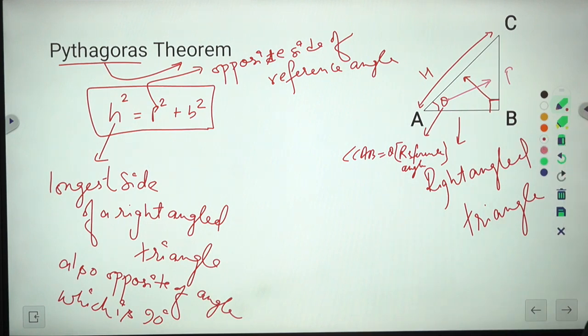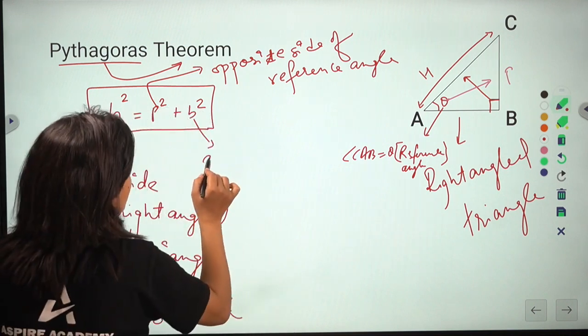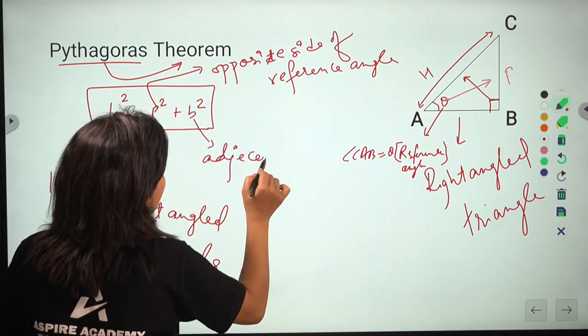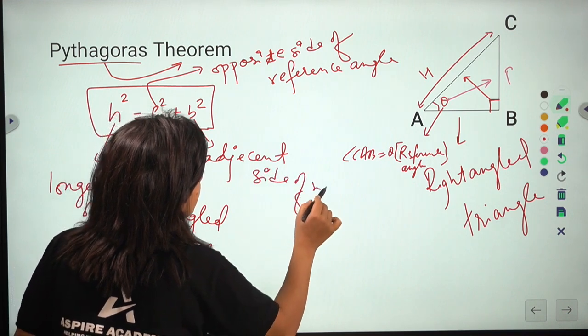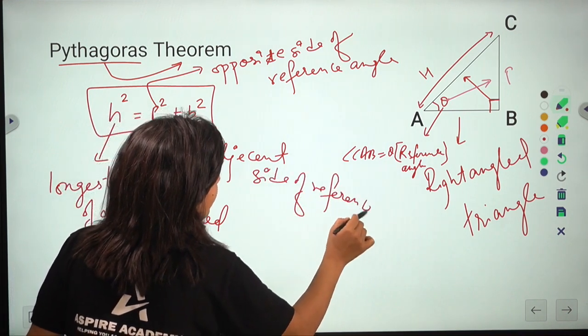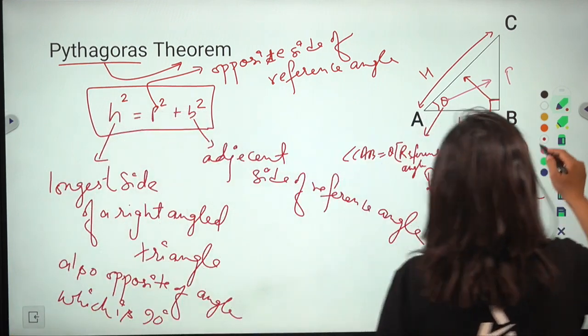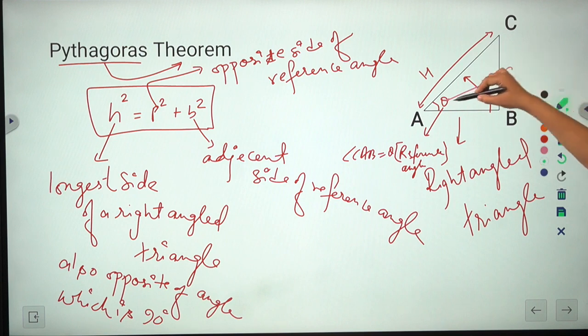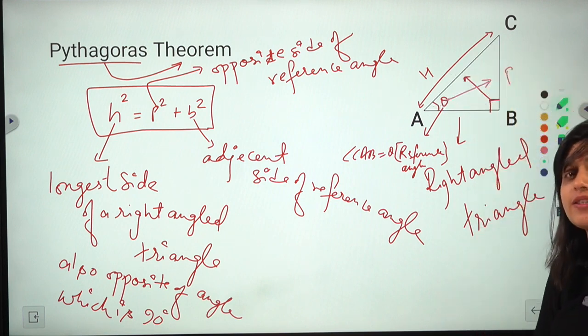Similarly, what is B? B is the adjacent side of the reference angle. Clear? So see, here you can see this is theta, the reference angle, and the adjacent side, it has two adjacent sides.